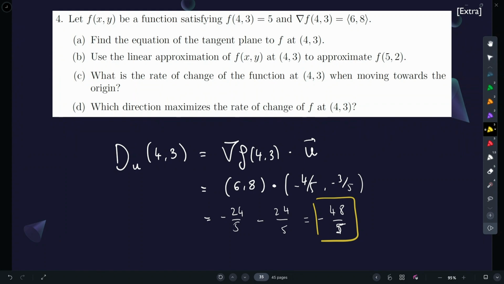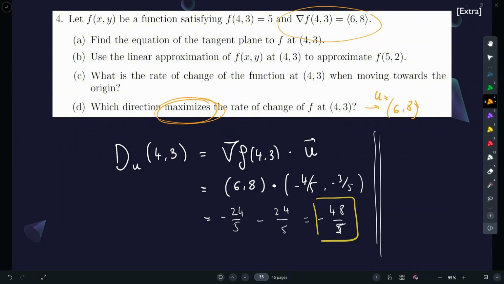Yes. Part D? I don't have the room for it, but yes. Which direction maximizes? To maximize the rate of change, the direction is the direction of the gradient. So that is automatically given here: the direction of (6, 8).